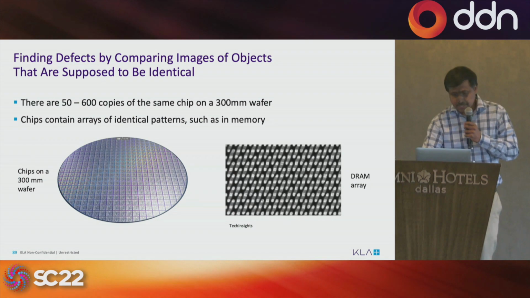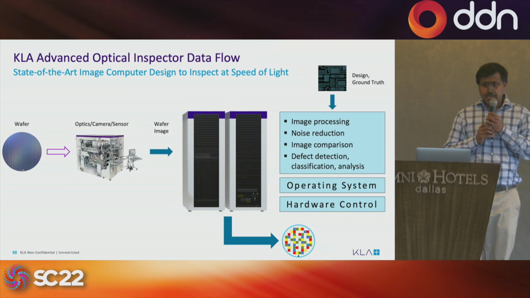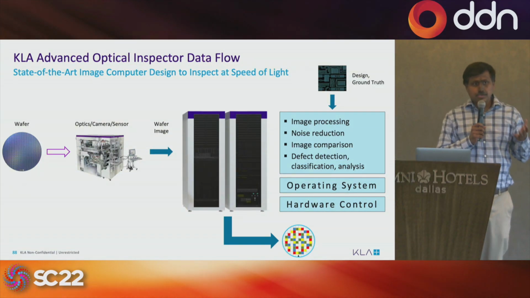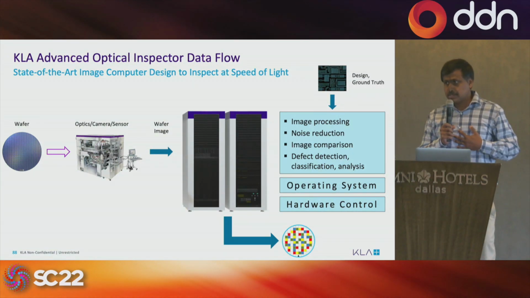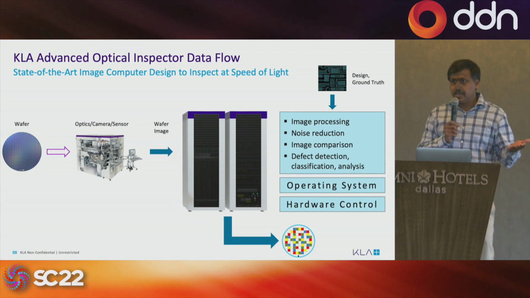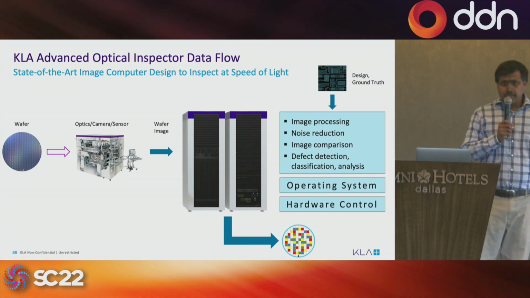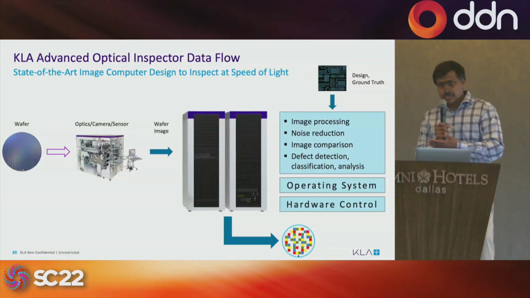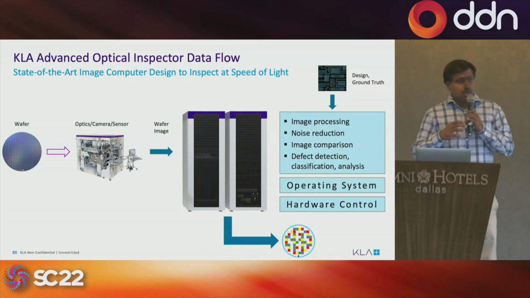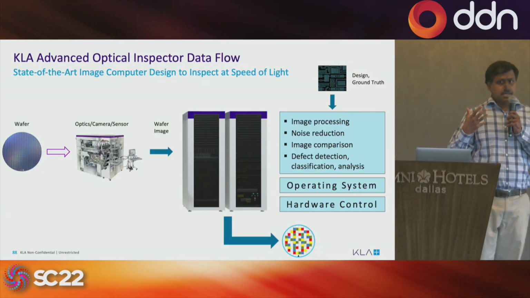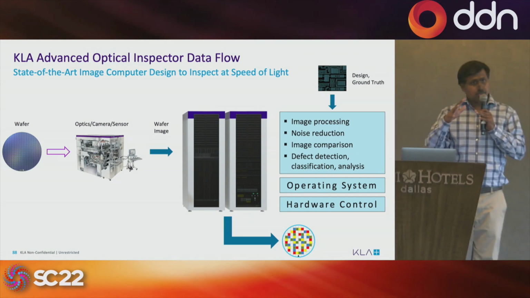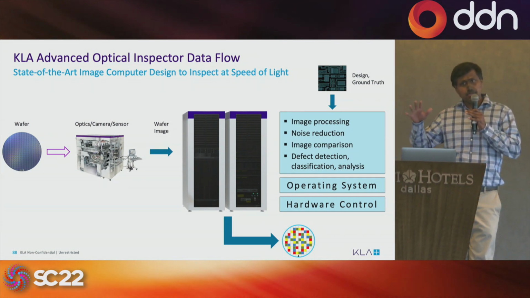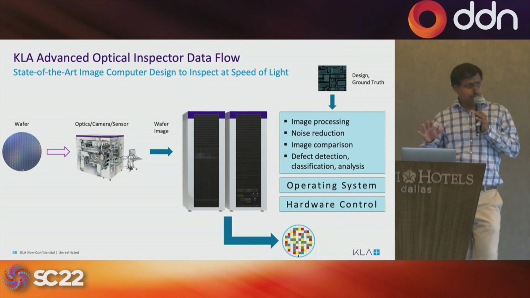Another approach is, as I showed in the previous slide, that design and ground truth information is available to us. We know the actual design that the fabs used when they went through these process steps. So we leverage that. The way the optics look and the way this ground truth looks, they do not look identical.